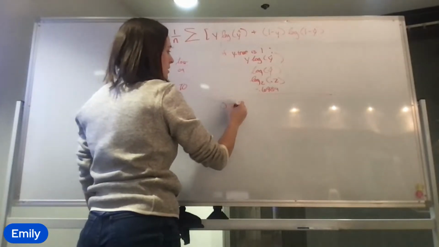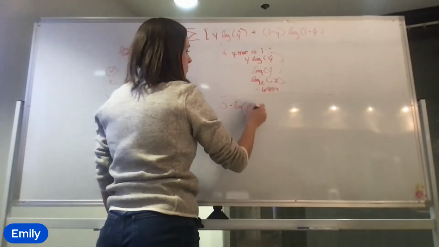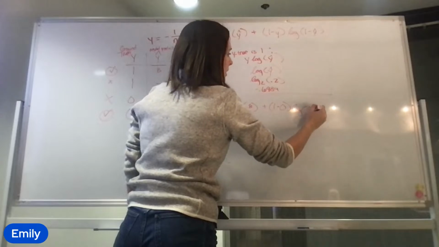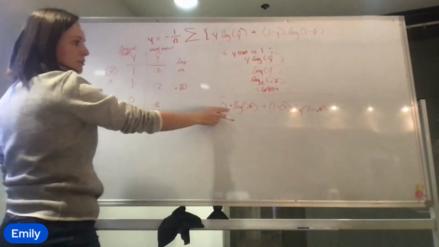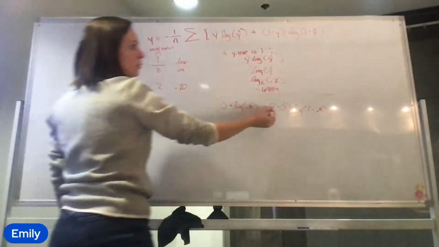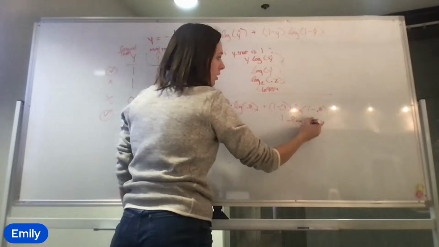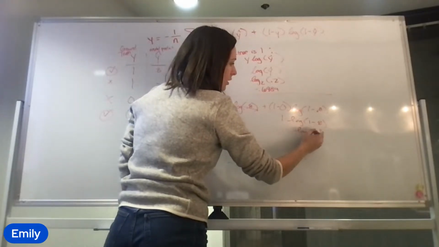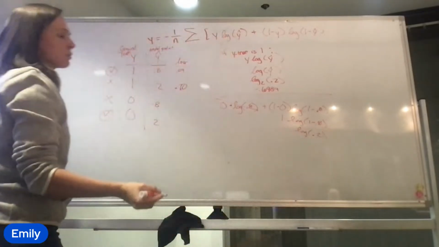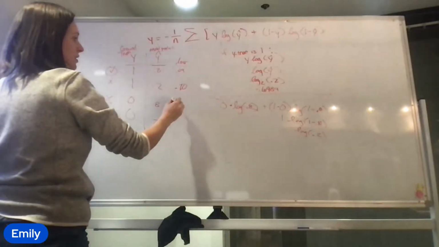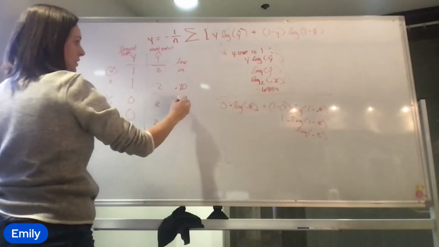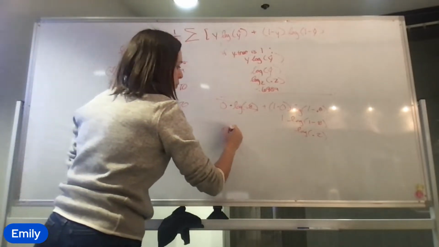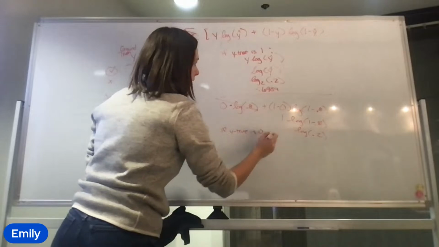We're going to have 0 times the log of 0.8, plus 1 minus 0 times the log of 1 minus 0.8. 0 times anything is 0, so this goes away. 1 minus 0 is 1, so this is essentially 1 times the log of 1 minus 0.8. 1 times anything is itself, so this is essentially the log of 0.2, which we already know because we calculated that. So this is 0.70.